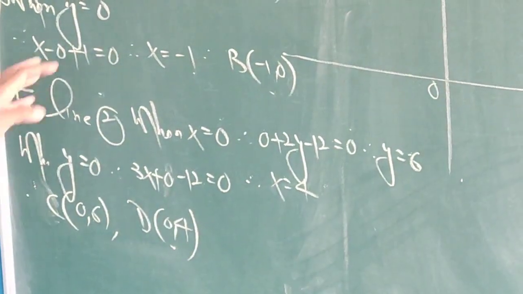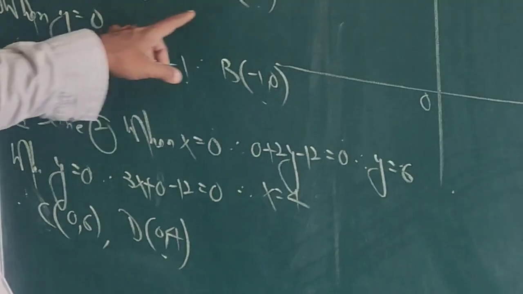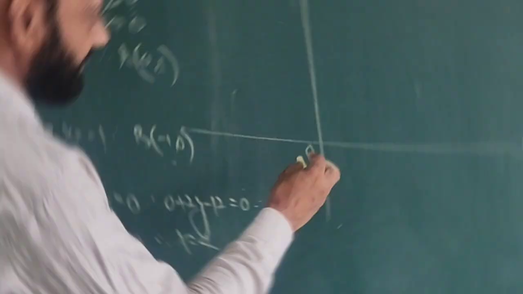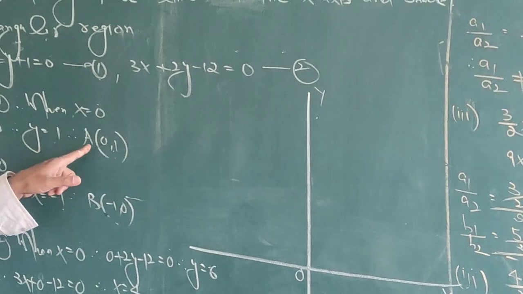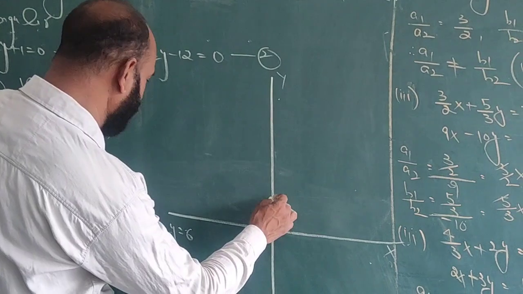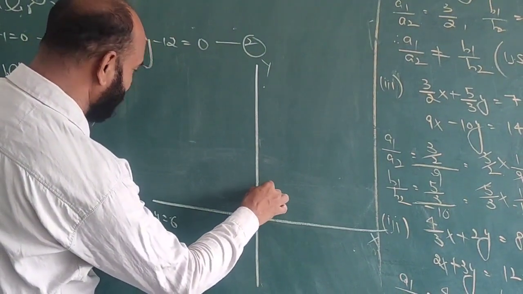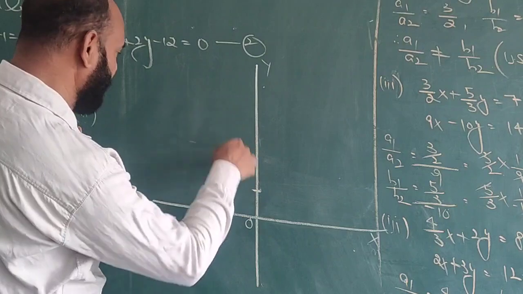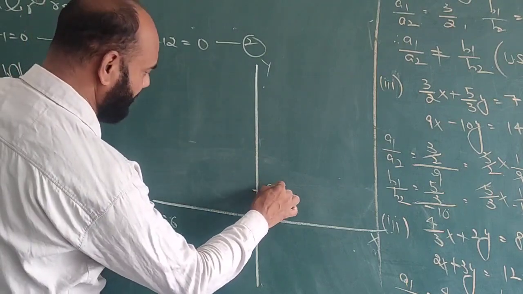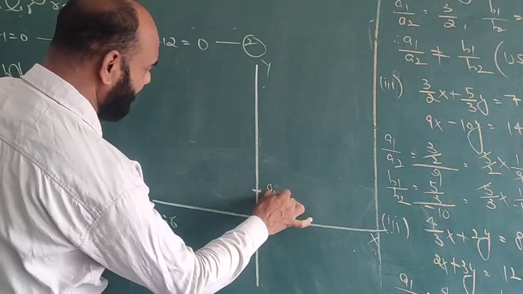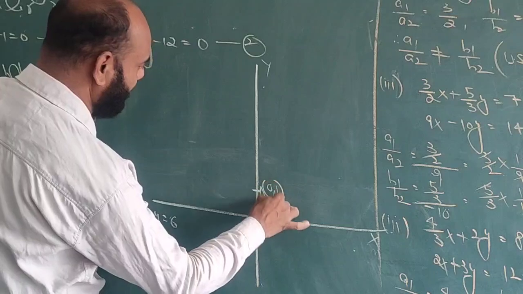Now we plot these points on the graph. The first point is 0, 1, meaning x is 0 and y is 1, and we know on the y-axis, x is always 0. So point 0, 1 is here, A point.